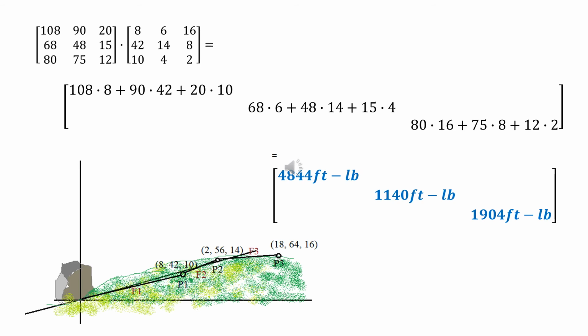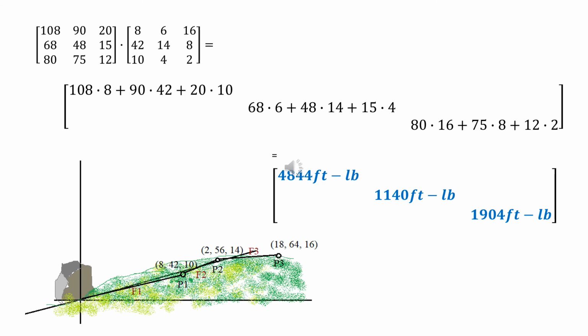Now we started off at 0, 0, 0, and then we moved to what is called P1, and that first position after we moved by the first force had an x component of 8, a y component of 42, and a z component of 10. We then move to the position 2, 56, 14. So I know that the x went down 6 from 8 to 2, but we're interested in the distance moved. And so you don't want to treat that as a negative 6.